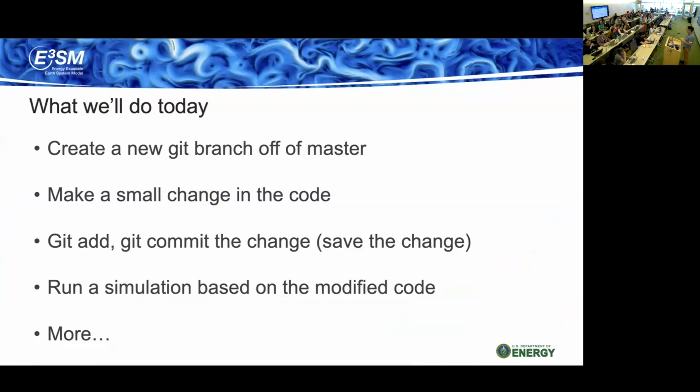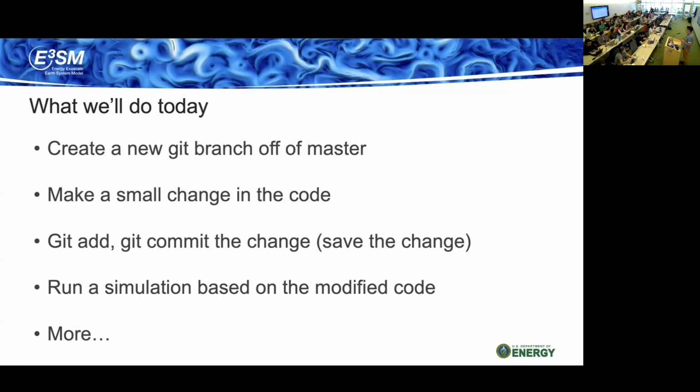Just in terms of familiarity with Git, can I see a show of hands of people who are familiar with Git? So about half the people, a mix of experiences. For those of you who have experience with Git, this will be review. We'll do git add the file that you've changed, git commit the change, and this is a way that you can have provenance about the changes that you make.